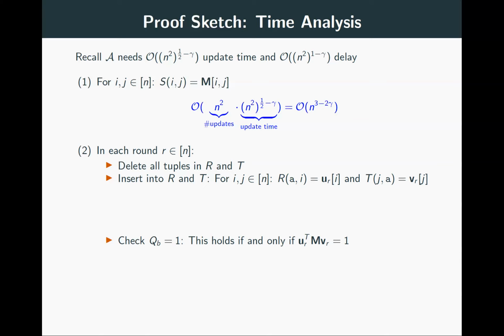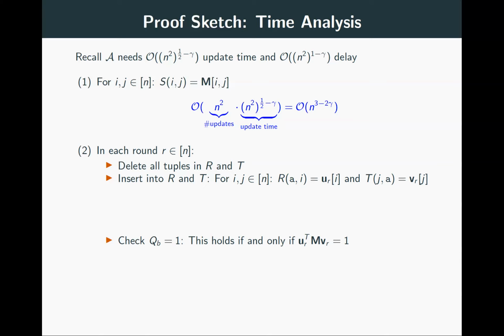The first cost is this. Because I have to do n squared updates in the worst case, and each update costs me this time, if you do the math, you get something like n to the 3 minus 2 gamma. So that's the time for the pre-processing at the beginning. Now we go to each round.